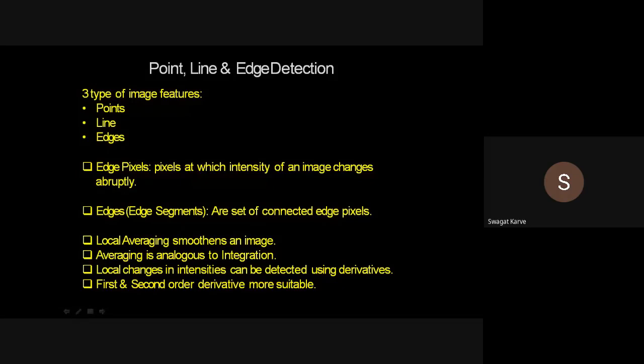So whenever you find an abrupt change in intensity, you can simply detect there is some edge or some border, right? And when you detect such a border of that particular target image, you are able to extract the information from that image. That means you are actually making the border out of that image.